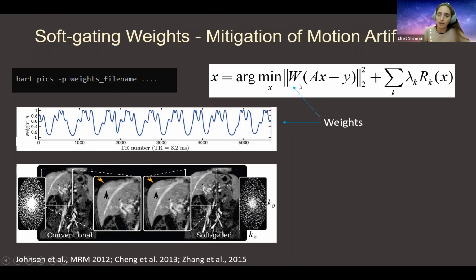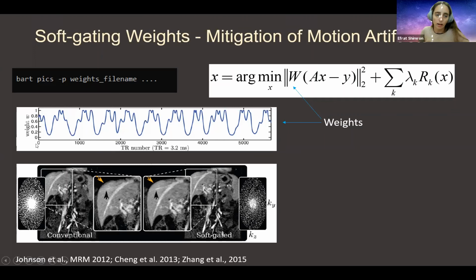It is a diagonal matrix, and all the weights are positioned along the main diagonal of the matrix. So if you have a gating signal and you know that some of the data is corrupted, you can use zeros and ones here on the diagonal to include or not include some of the k-space data according to your signal. Here we're going to use, in the tutorial, soft gating weights.